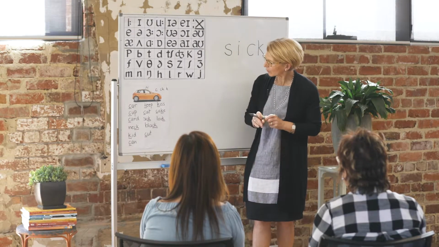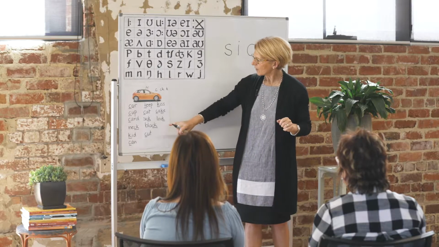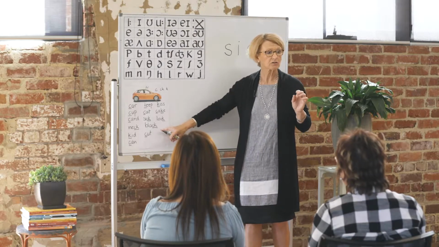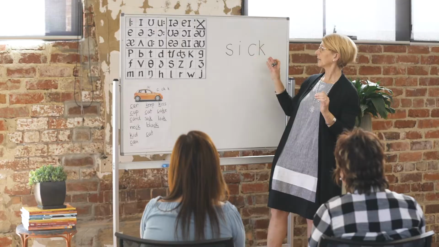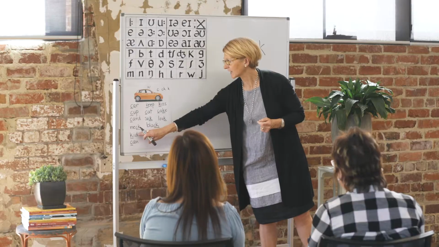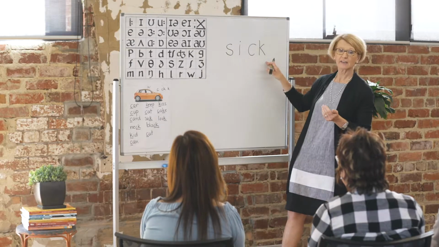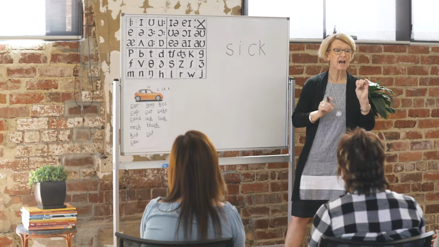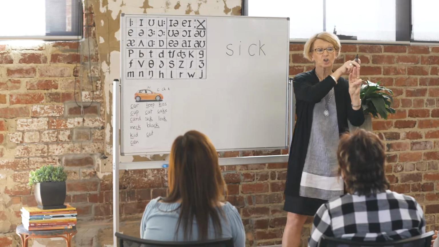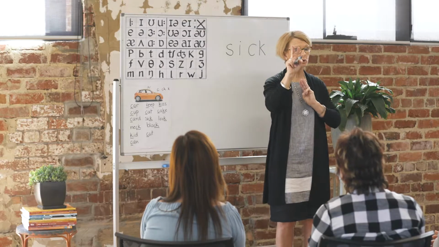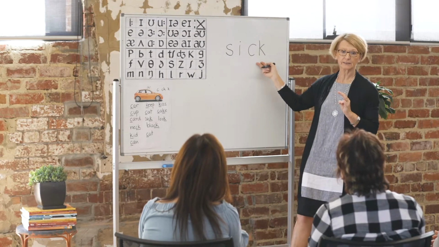What other words have the sound K with the spelling CK? Black. Yes, black. And neck. Yes, sick. So the third sound K has 2 letters in the spelling.